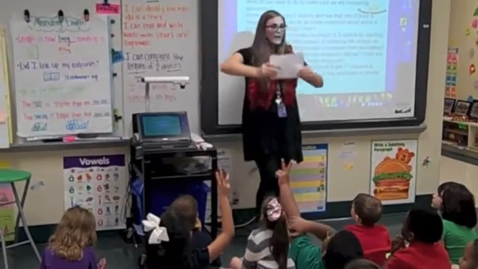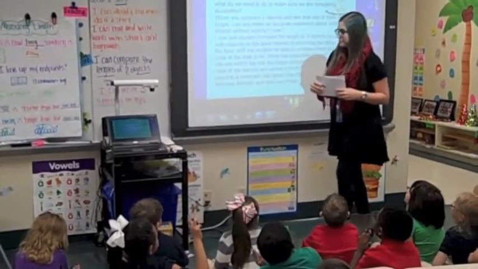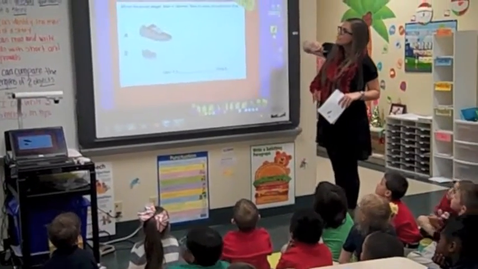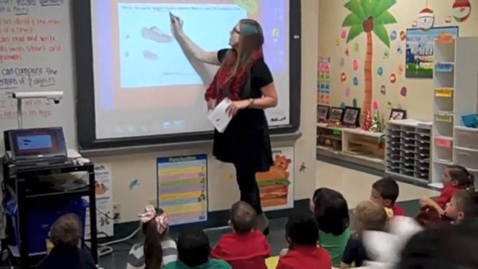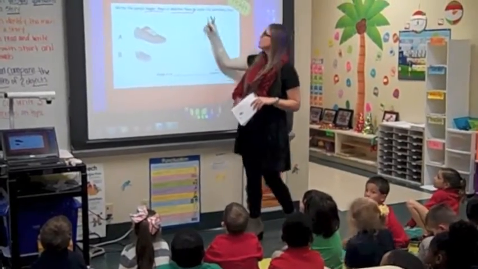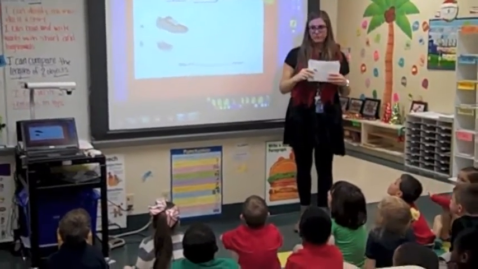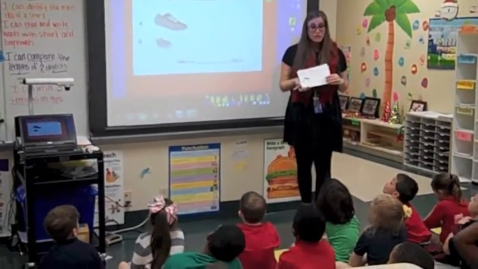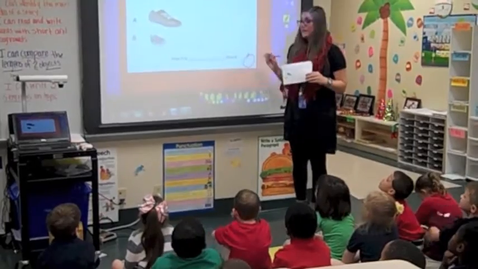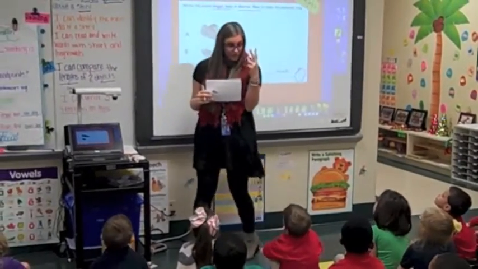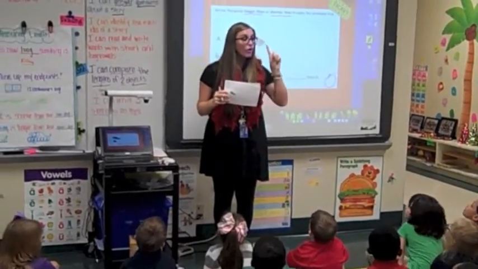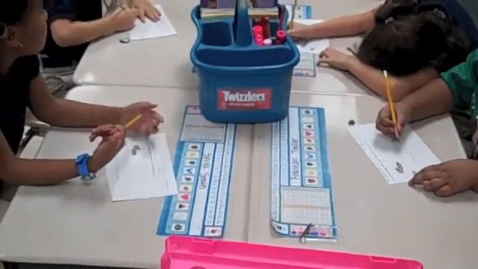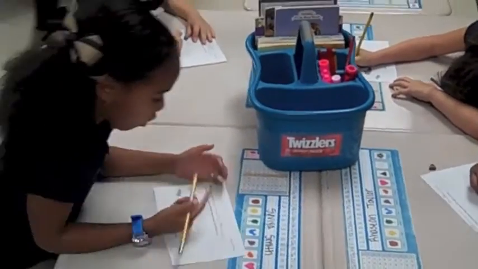You are going to have a quick ticket out the door. It says write the words longer than or shorter than to make the sentence true. Shoe A is blank shoe B. After, I want you to self-assess at the bottom to tell me if you know this well, if you need a little help, or if you don't know any of this. All right, supply stars. Write your name and number.